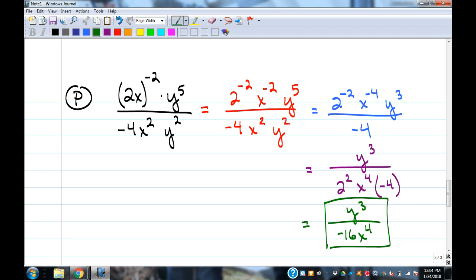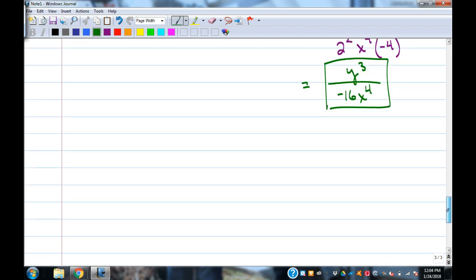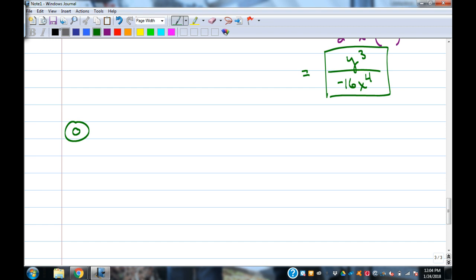Let's do one more. We'll be done. Get you some practice, because that's what this takes, is just practice and patience to make sure that you're trying to get all of the other properties done first.